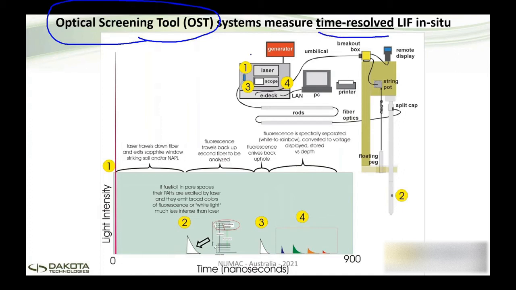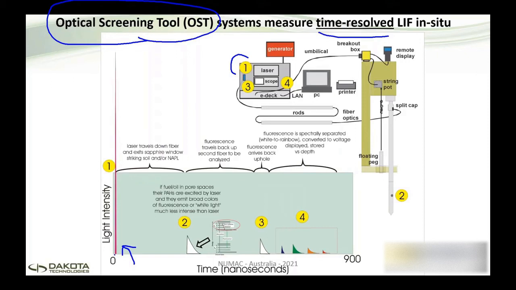Okay, every one of these systems, including the UVOST, has a little laser in it. And the function of that laser is for just a brief moment to create a very intense flash of light, like a flash lamp or something like that.